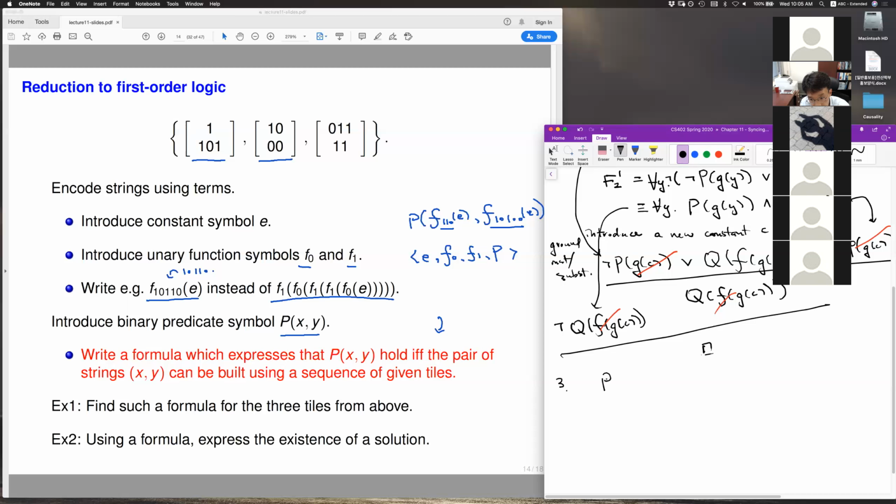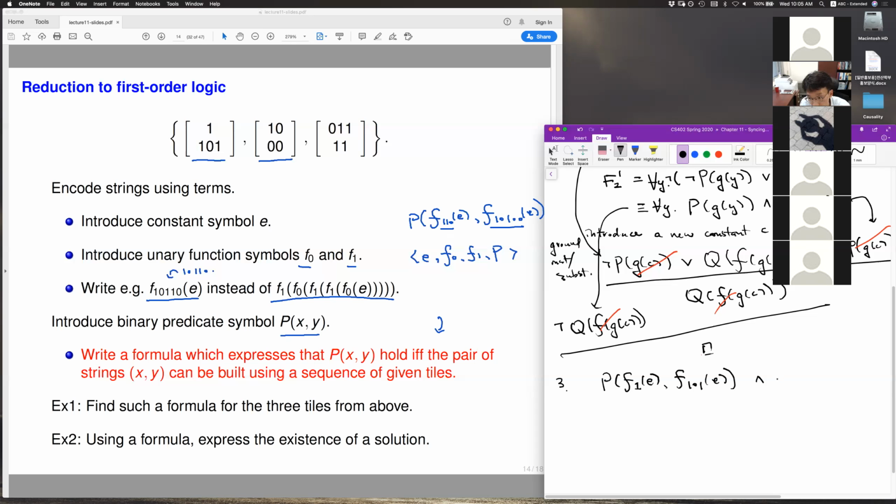In this case, the terms representing these sequences, 1 and 101, are related. That's because of this first tile that's given.